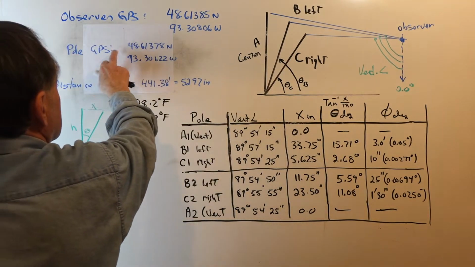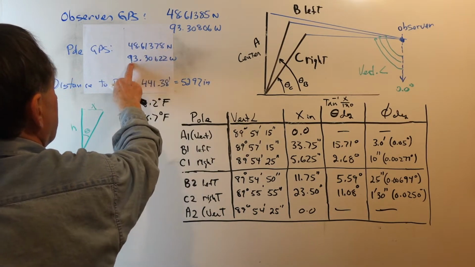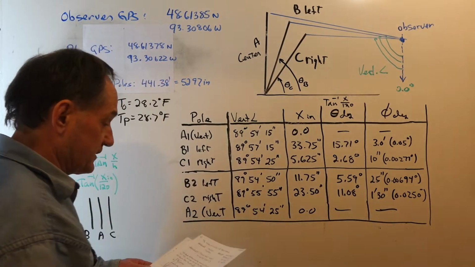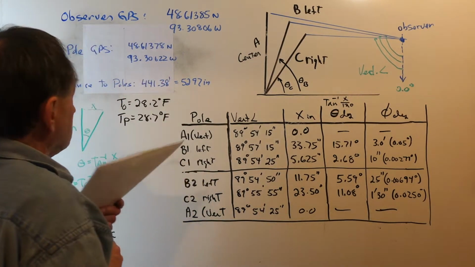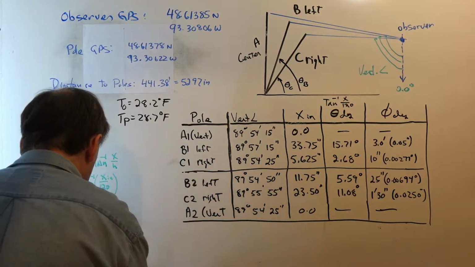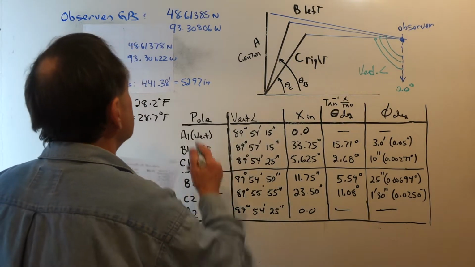The pole GPS coordinates, 48.61378 degrees north by 93.30622 degrees west.